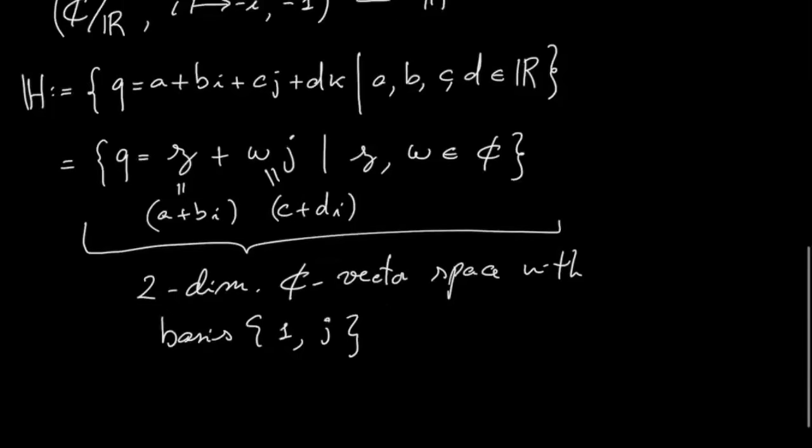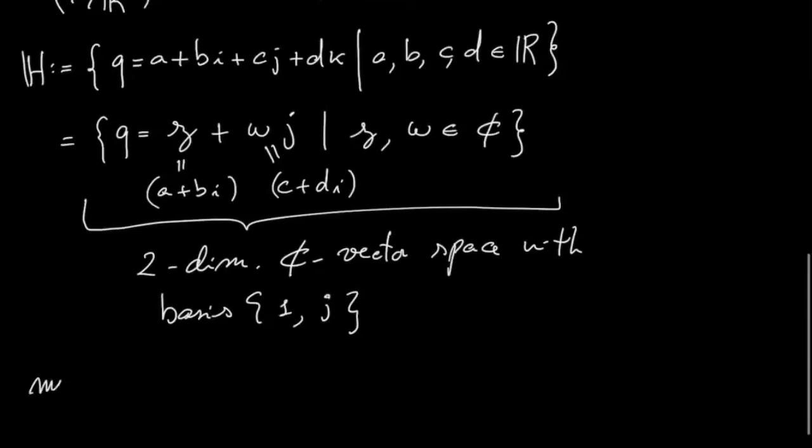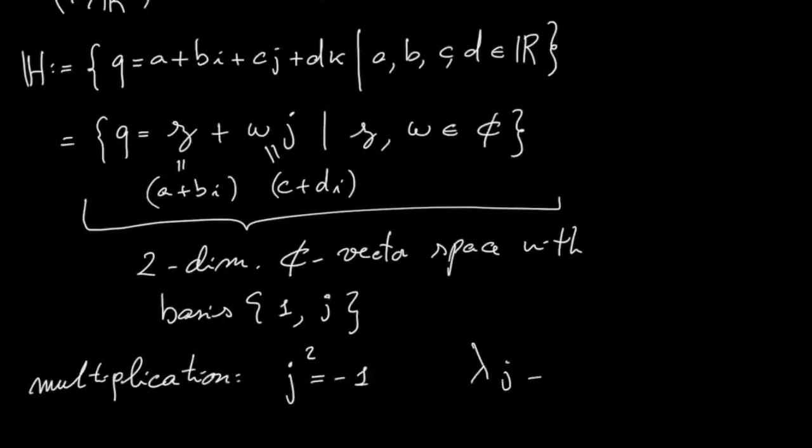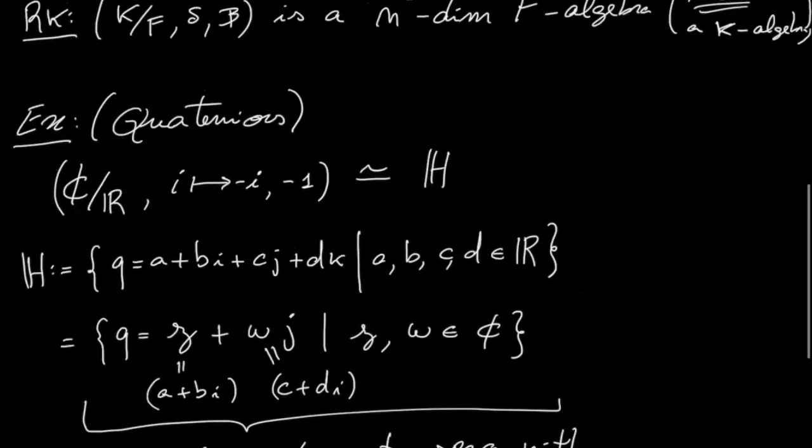And with this basis, you observe that the multiplication is given by j squared equals minus 1, and then you have this commutation rule, for every scalar now in C. So you see that in fact they are isomorphic.